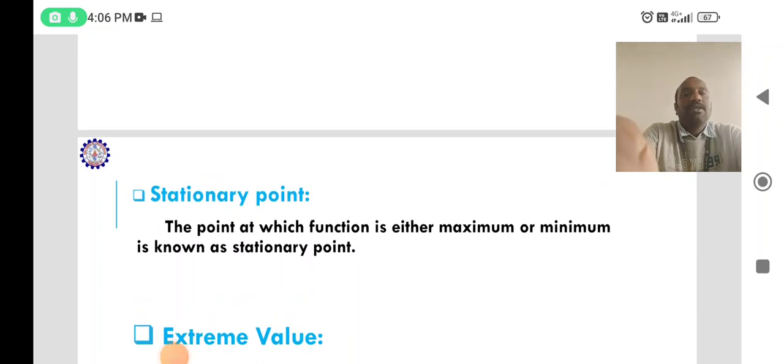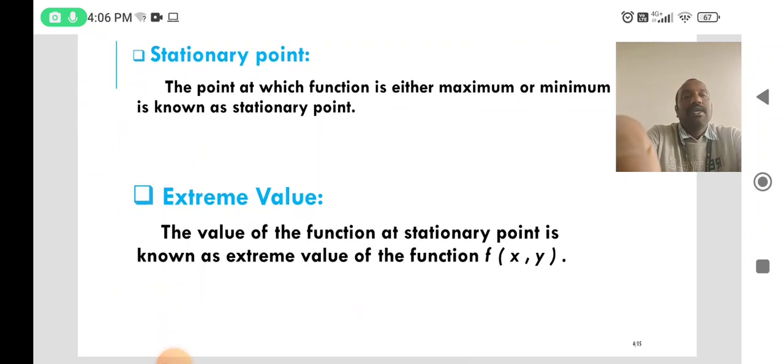Stationary point: the point at which the function is either maximum or minimum is known as a stationary point. Extreme value: the extreme value of a function of x comma y is the value of the function at a stationary point.